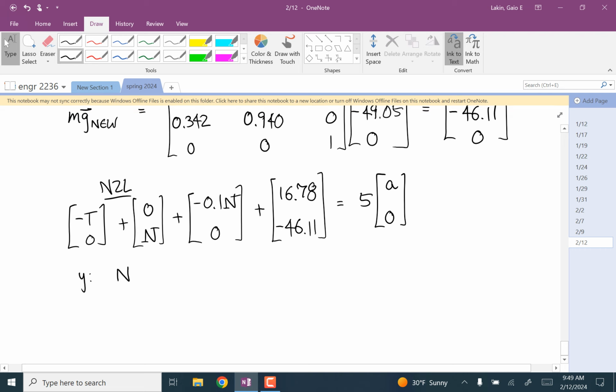The y equation says N is equal to 46.11. So the x equation says negative T minus 0.1 times 46.11 plus 16.78 is equal to 5a.